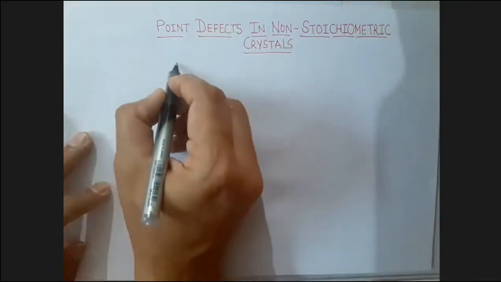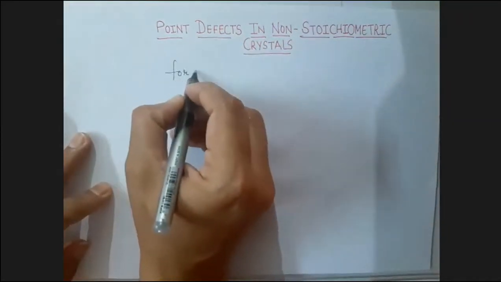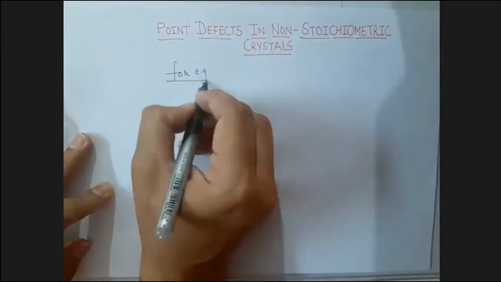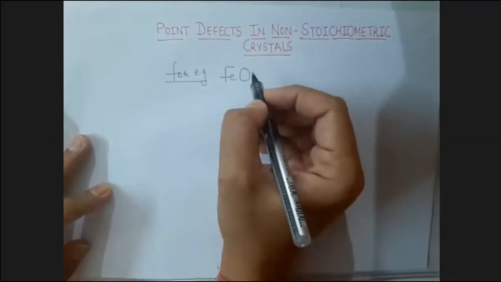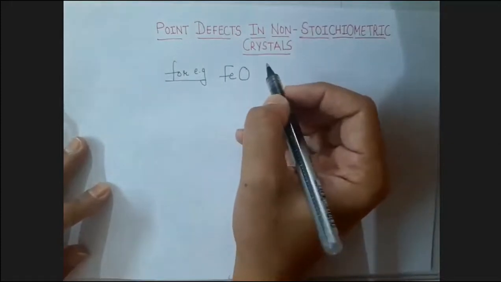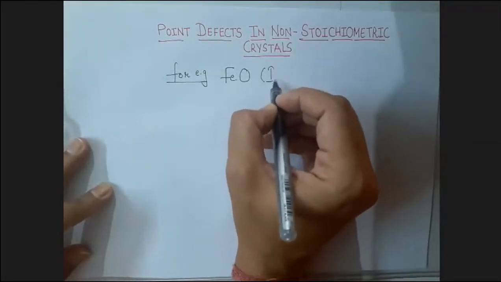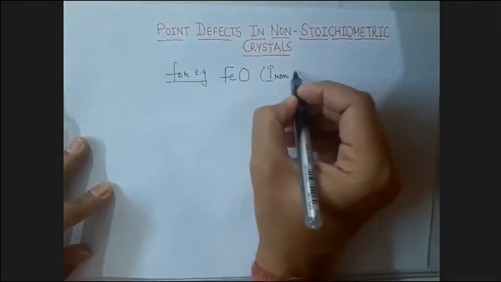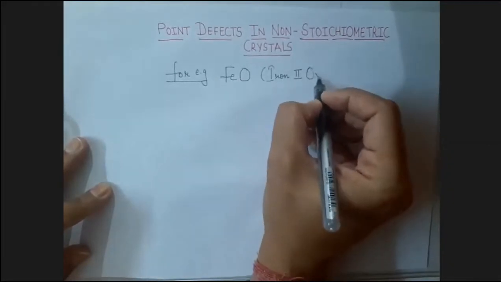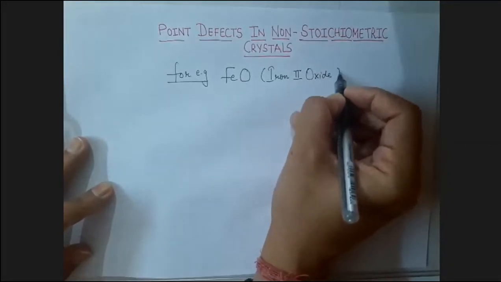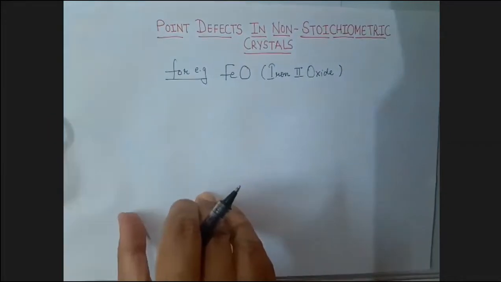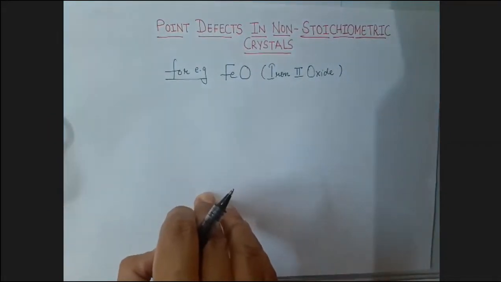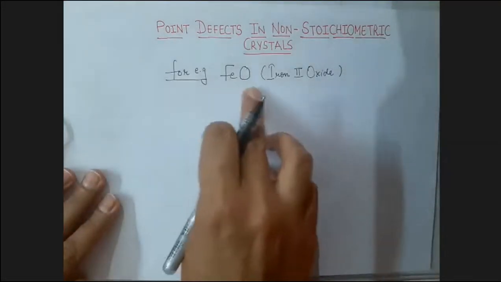For example, iron(II) oxide. Iron(II) oxide of ideal composition, FeO, is difficult to obtain.